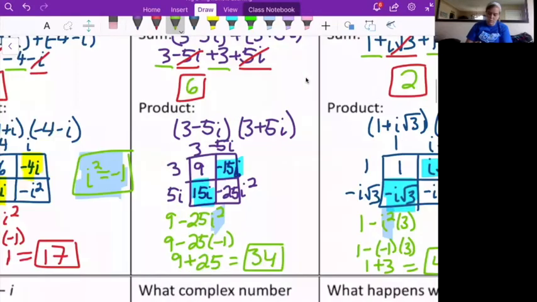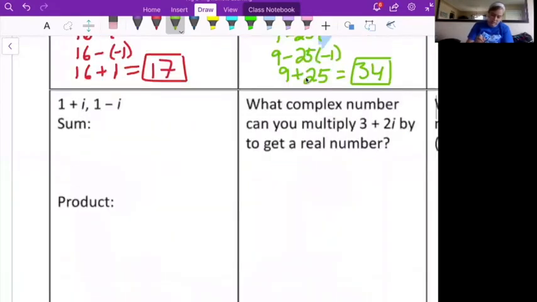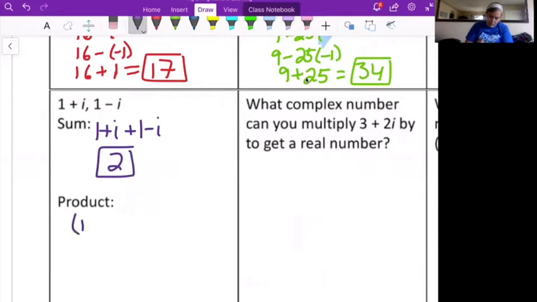We have one more that we're going to look at that's similar to this. So then this is going to be 1 plus i, 1 plus i and 1 minus i. So our sum would be 2. And then our product, you might be able to guess this, but let's work it out.